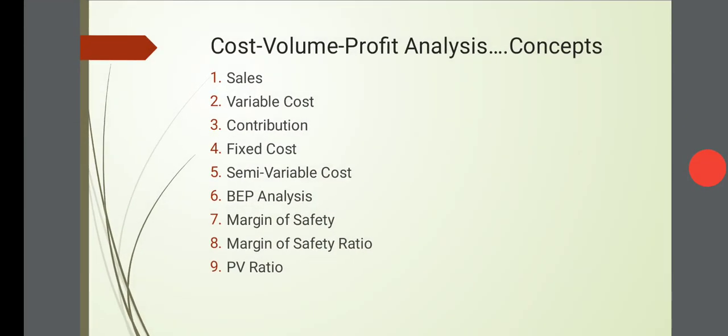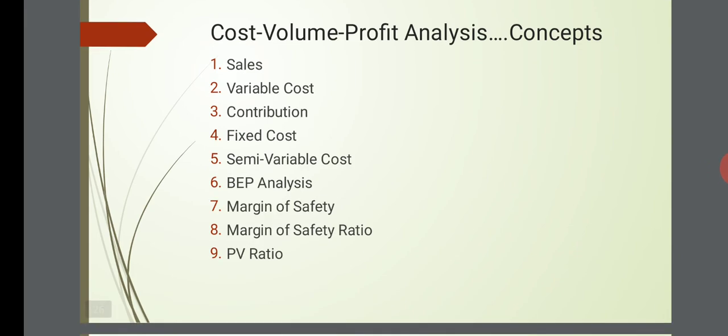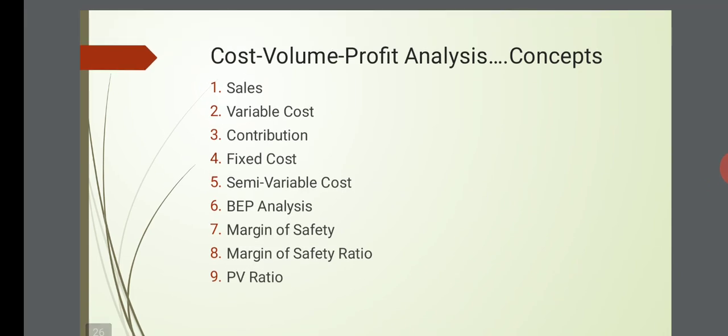Zero EBIT shows that there is a break even and cost is equal to revenue. Then margin of safety is actual sales minus break-even sales. Margin of safety ratio is margin of safety divided by actual sales into 100%.